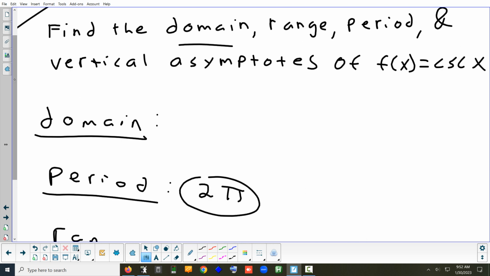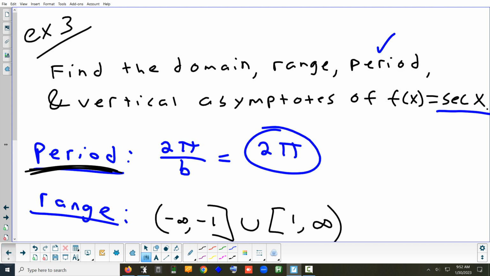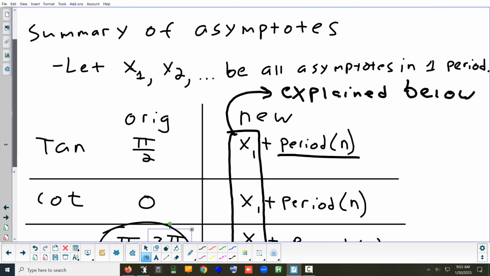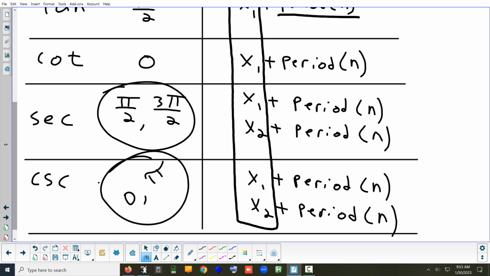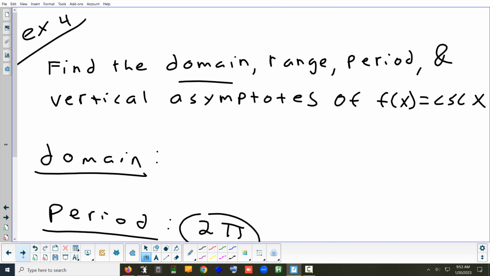Are we doing any transformations to my cosecant? No. So then all I have to do is look up the asymptotes in the table. I don't have to set them equal to the argument. Because think about what would happen if you set 0 and pi equal to your argument.